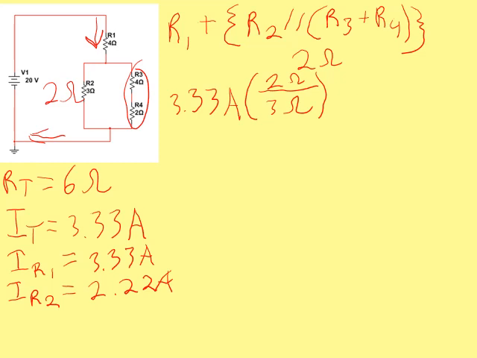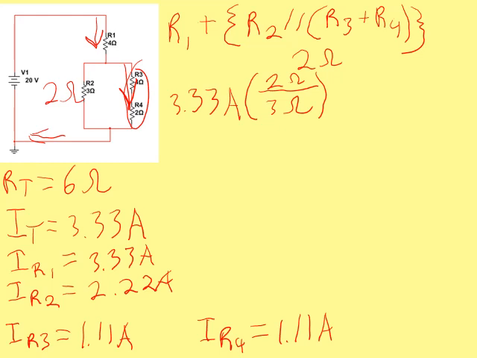And IR3 and IR4 will have the remainder, and we know that there's only one path for that 1.11 amp to go, so they'll both have 1.11. So IR3 equals 1.11 amps, as does IR4 equals 1.11 amps.